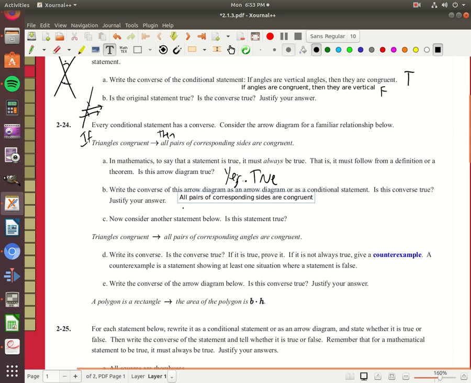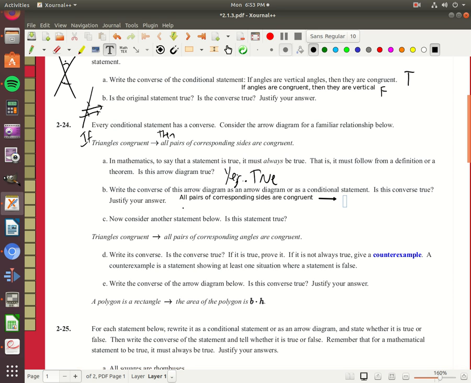Then we have an arrow, right? We can go up here and make an arrow. And then we will say triangles are congruent. That would be our converse statement there.